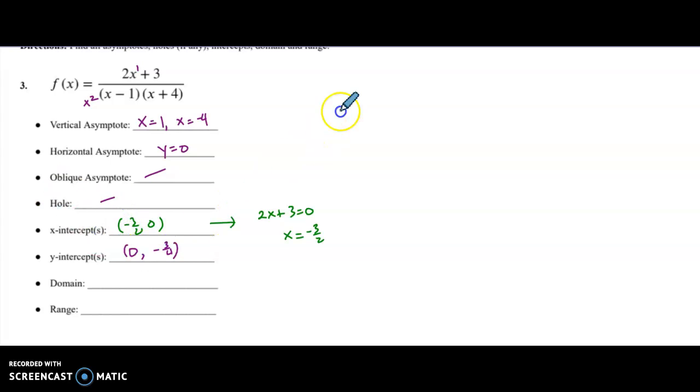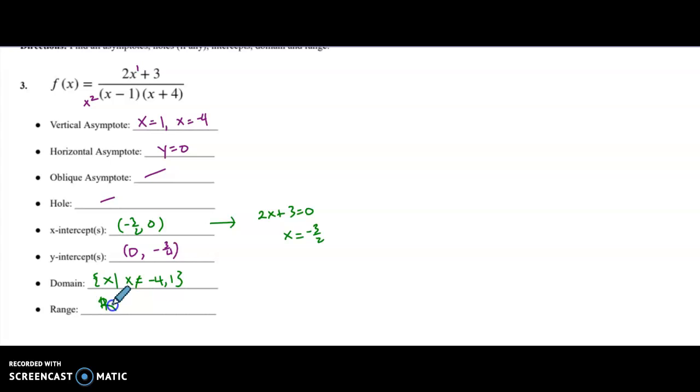The domain comes from using the information from the vertical asymptote, right? It's going to be x such that x cannot equal negative 4 or 1. And the range is going to be all real numbers here.